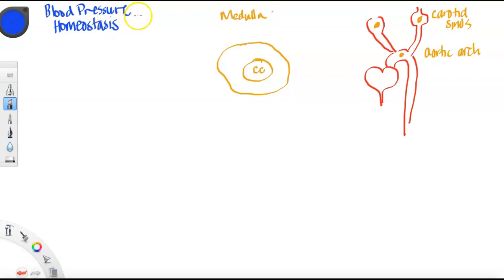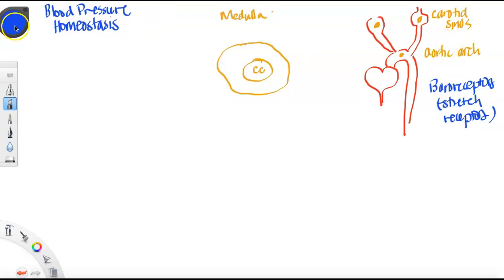And this occurs through baroreceptors, right? So we have baroreceptors, those are over here. We know they're stretch receptors. And they monitor stretch over here in the carotid sinus and the aortic arch.